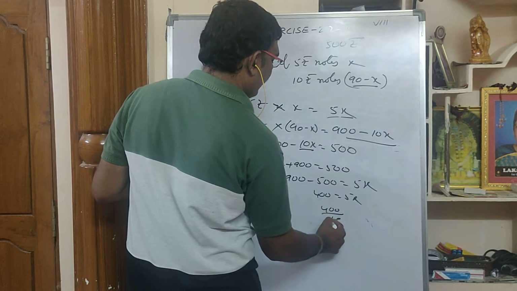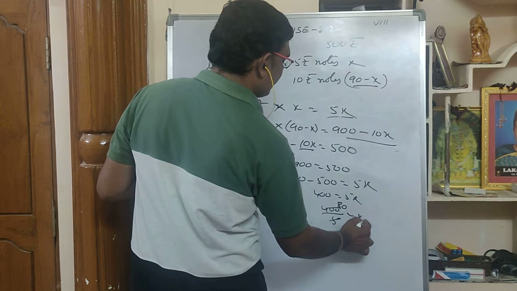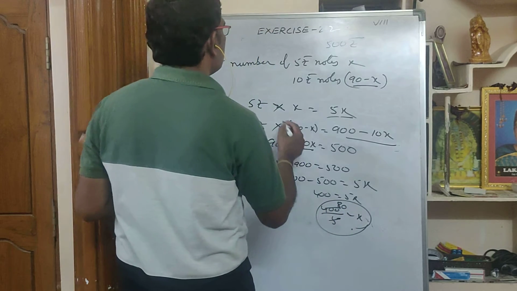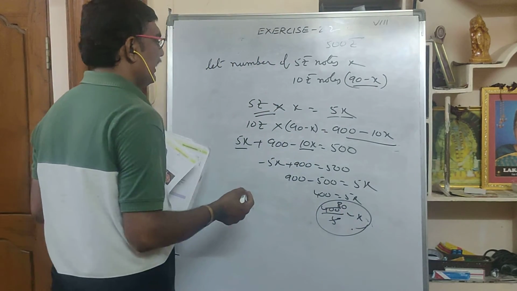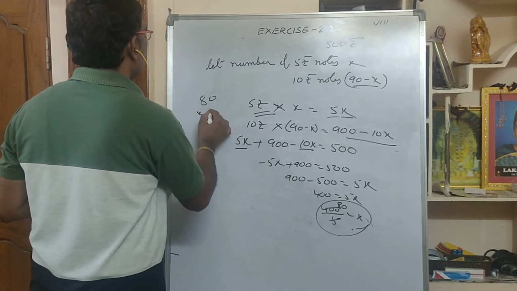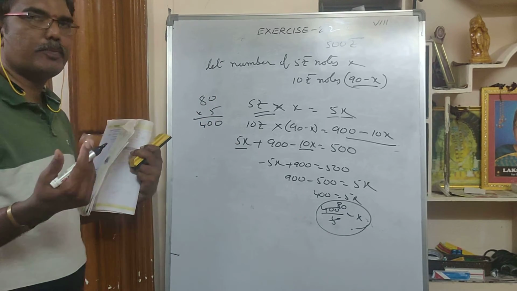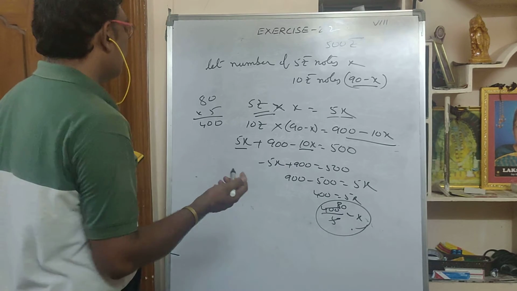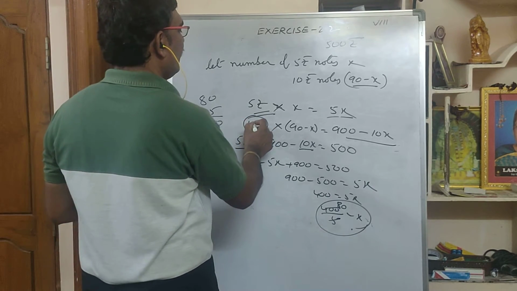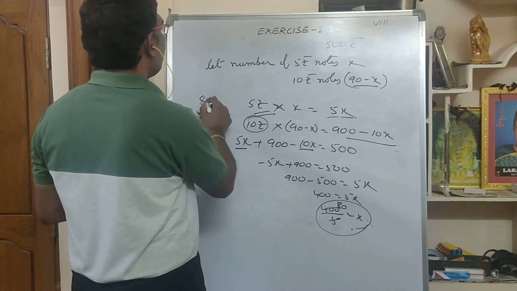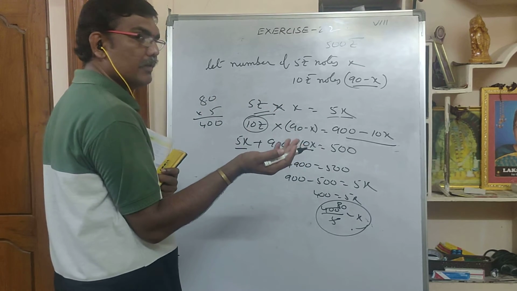400 by 5. So how much you got here? X means 80. So how many 5 rupee notes are there? 80 5 rupee notes are there. 5 8s are how much? 400. 400 rupees already you got it. Then 10 rupee notes will be, if 80 are 5 rupee notes, total notes are 90.